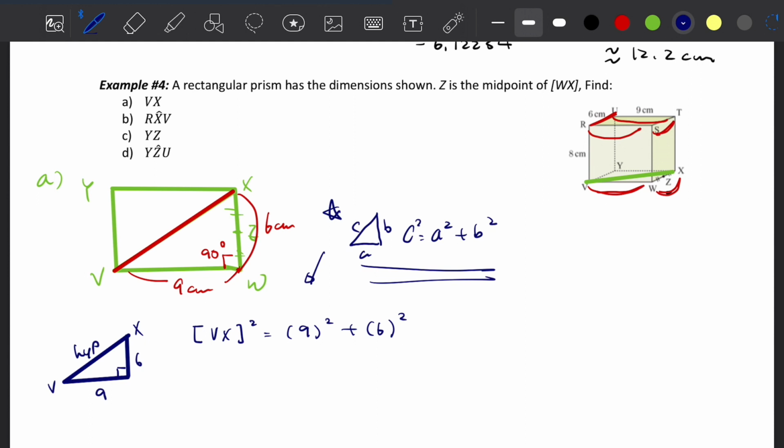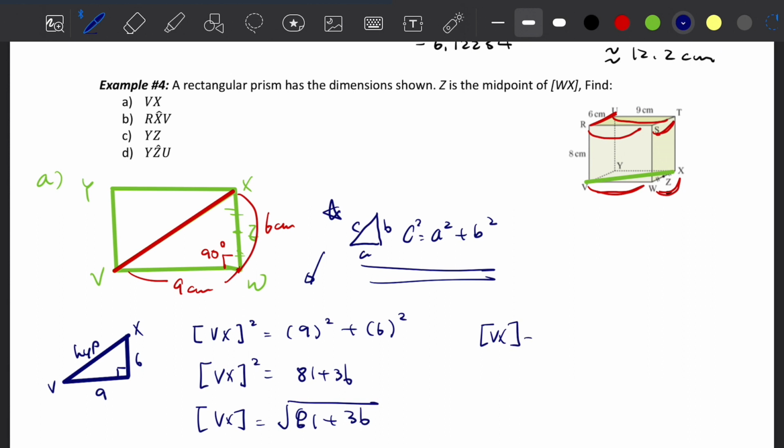Then I can say the line VX squared is the same as 81 plus 36, so the line VX is the same as the square root of 81 plus 36, right? Then we can say the line VX is approximately 10.8 centimeters. Okay.